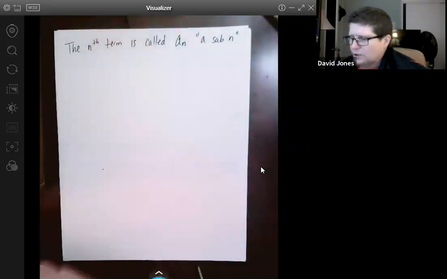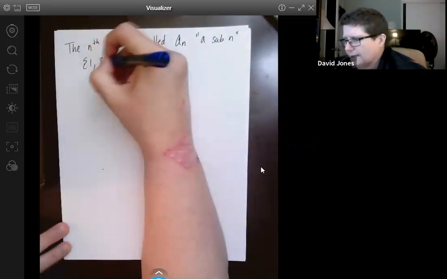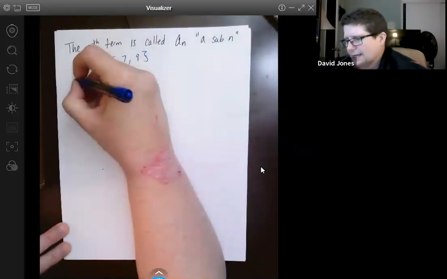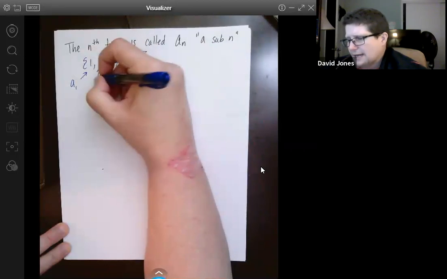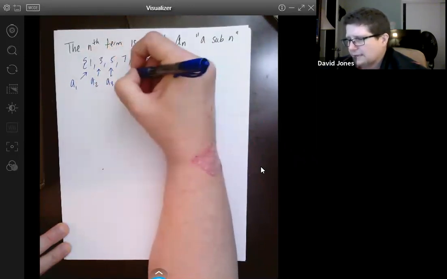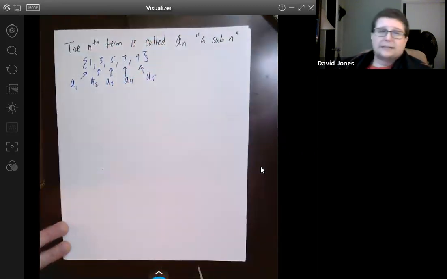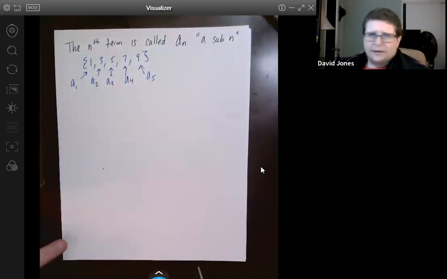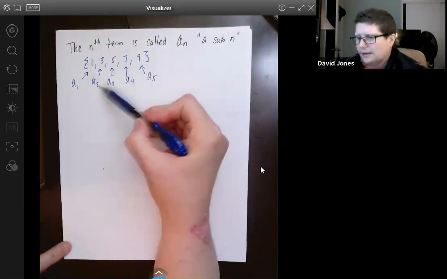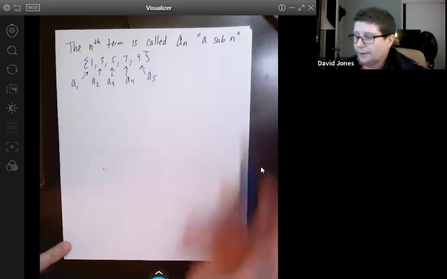So just to give you a quick example, if I had something like 1, 3, 5, 7, 9, that would be a sub 1, a sub 2, a sub 3, a sub 4, a sub 5, to represent the first term, the second term, the third term, the fourth term, and the fifth term.